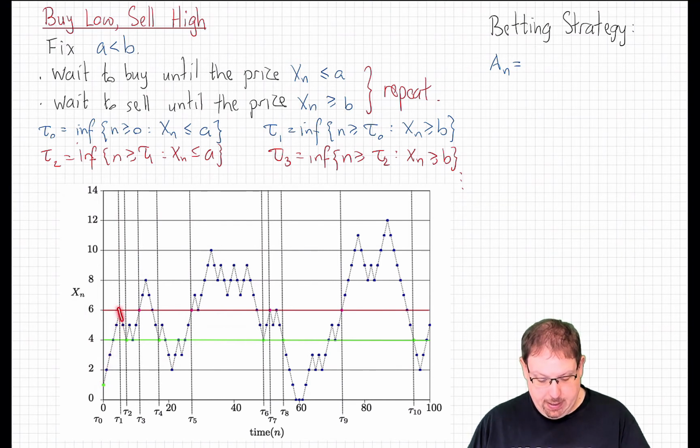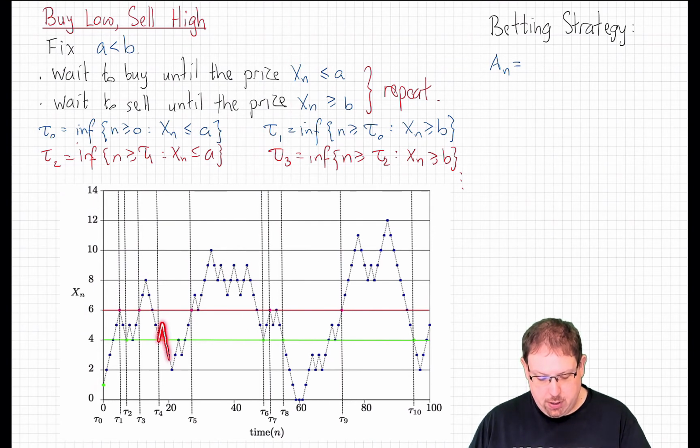Then it drops back down and it hits price A, so that's tau 2. It goes up but it doesn't stay up, so it wiggles around, and then it hits price B again, so that's time tau 3. We sell there, and afterward it doesn't matter what happens for a while. It goes up, then comes down, down, and it hits price A again, so we buy again. There's time tau 4. And it goes up, but not enough.